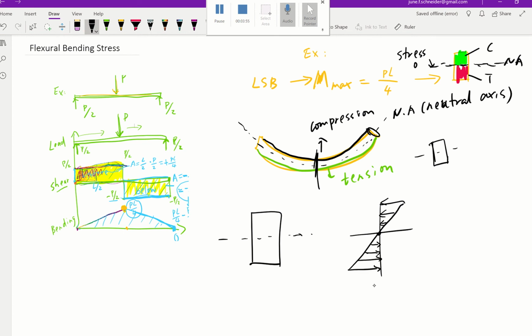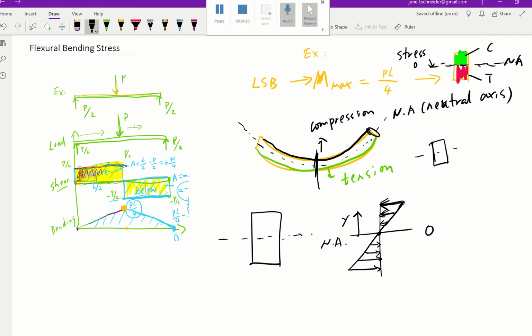When it's at the middle, this is at 0. So as you go further out, you realize the stress increases. So with the increase of this y starting at the neutral axis, the stress increases.